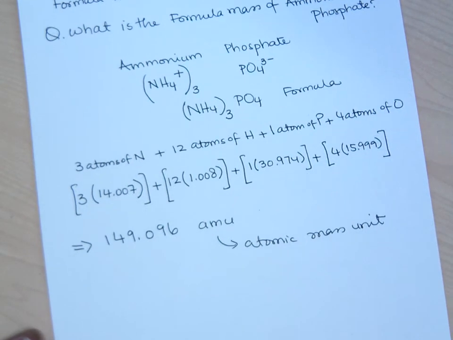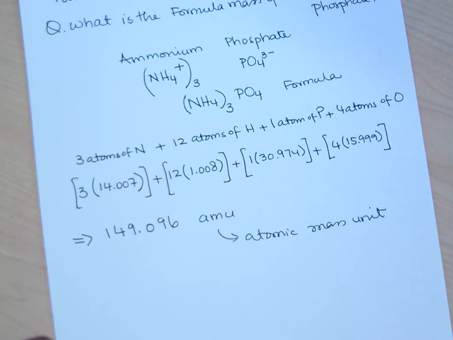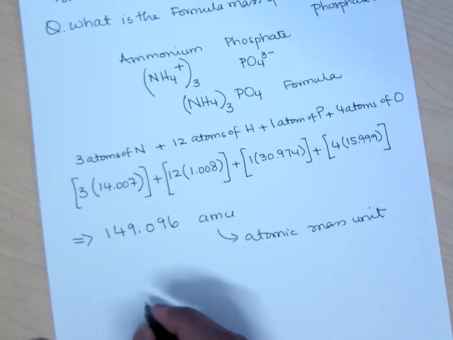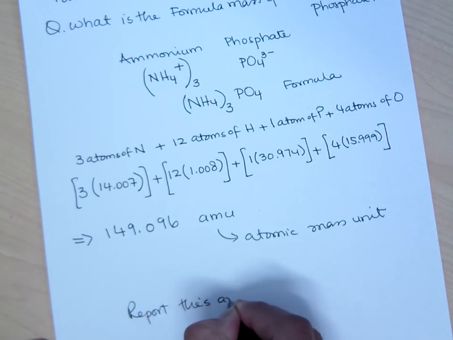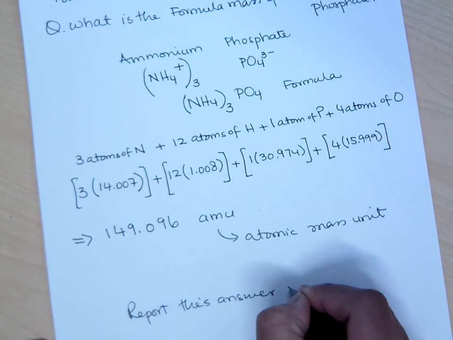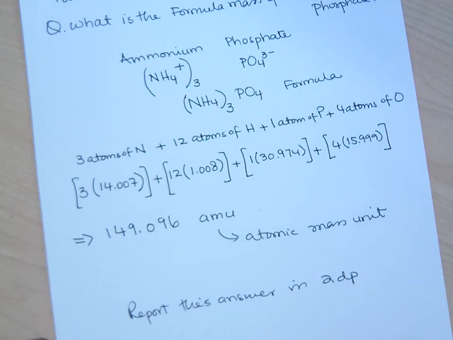Okay? Now, how would the question ask for the answer in a certain number of decimal places or sig figs? Let's say the question says we need to report this answer in 2 decimal places, or up to 2 decimal places.